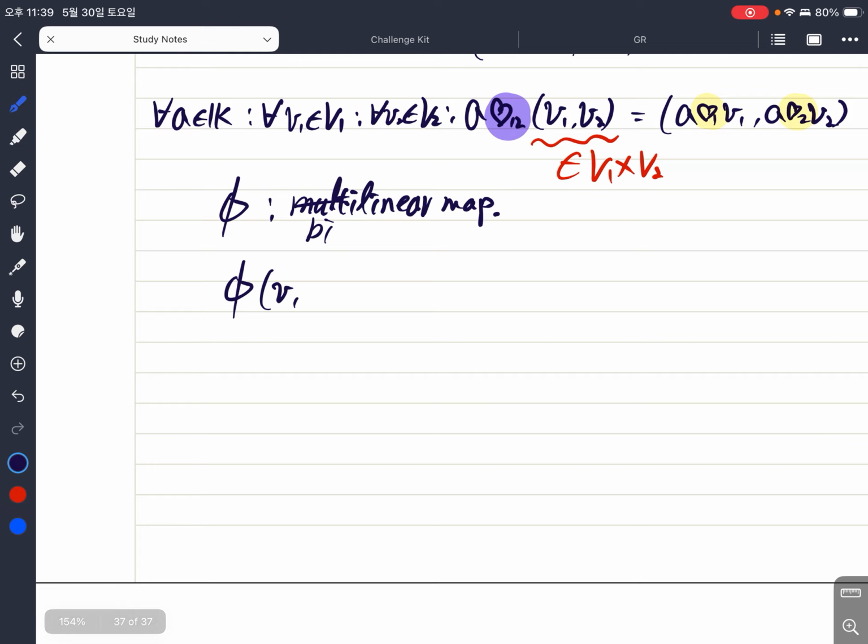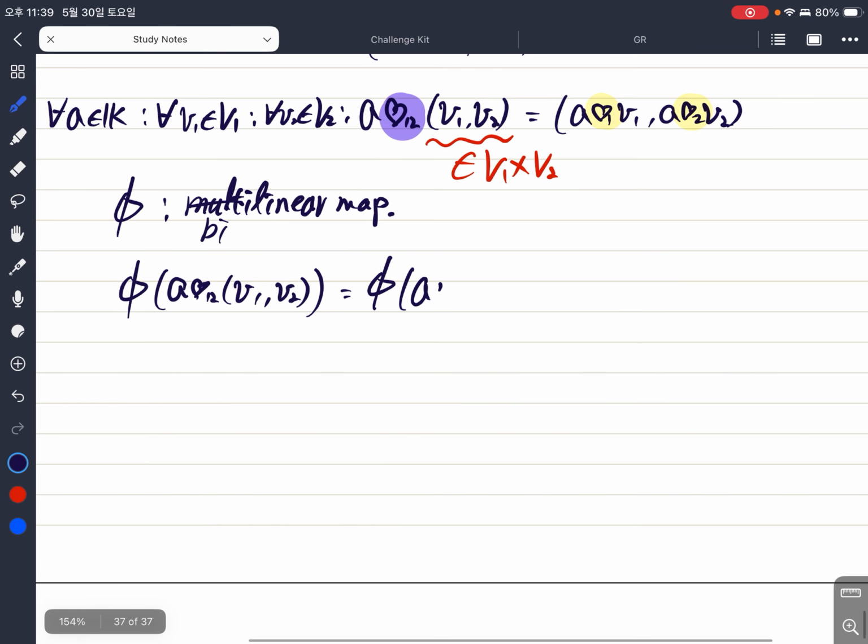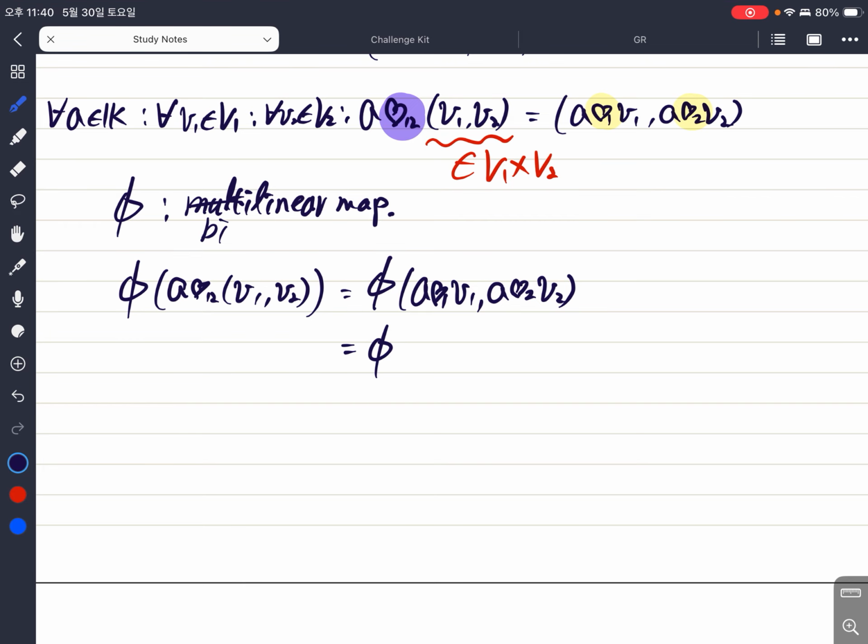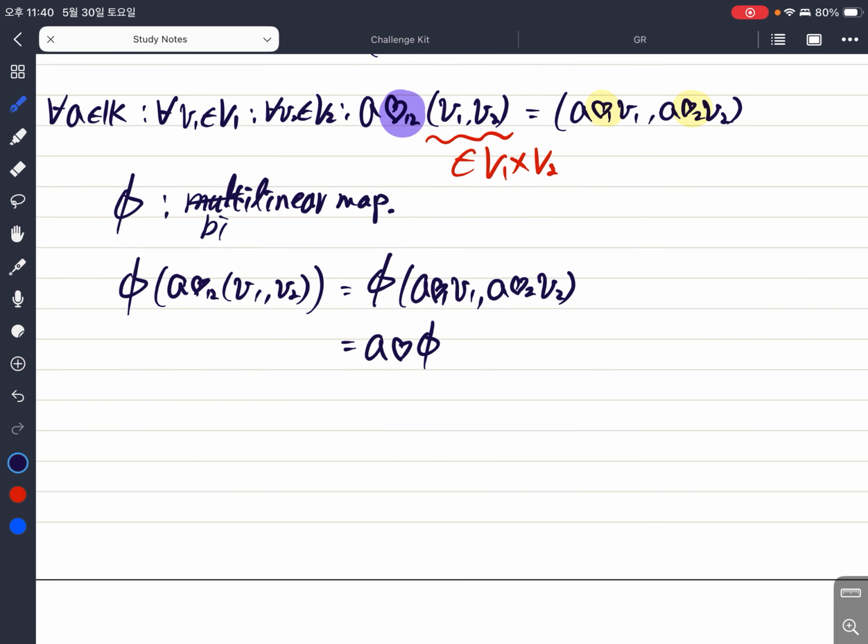Phi of a heart 1, 2 applied to v1 comma v2 becomes phi of a heart 1 v1 comma a heart 2 v2, and from the linearity in each slot it is a heart phi of v1 comma a heart 2 v2, and it is a heart a heart phi of v1 comma v2.